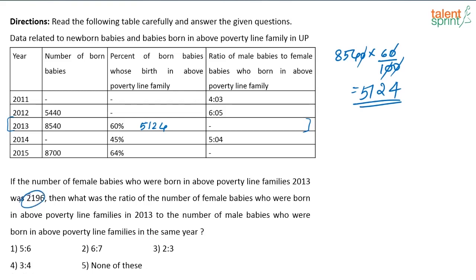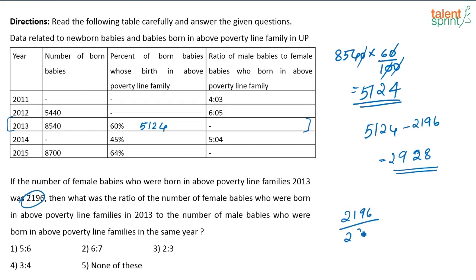So how many males are there? 5124 minus 2196, right? So how many male children are there who are above poverty line? 2928.